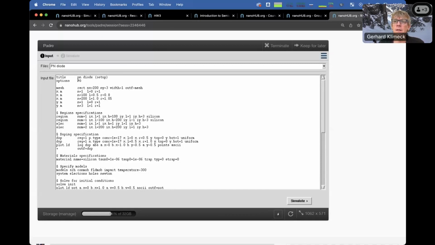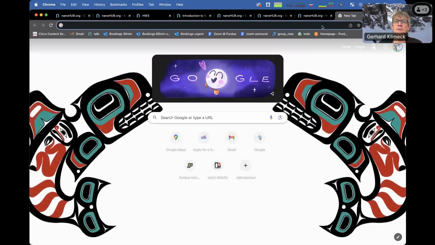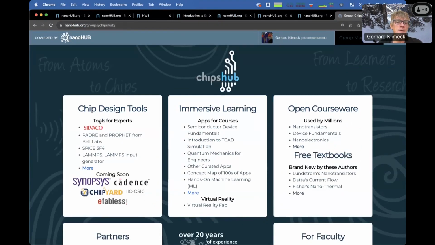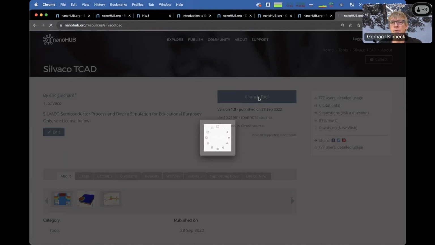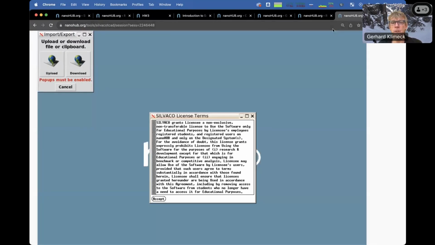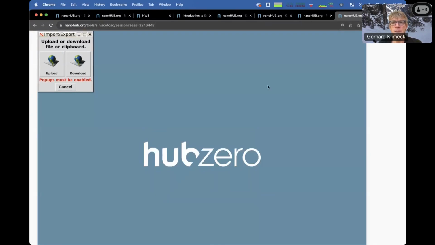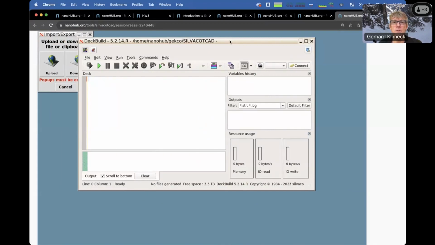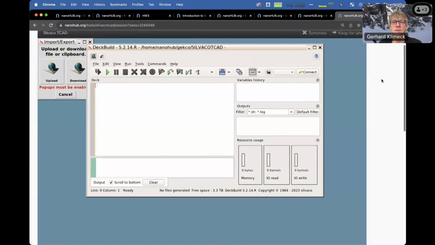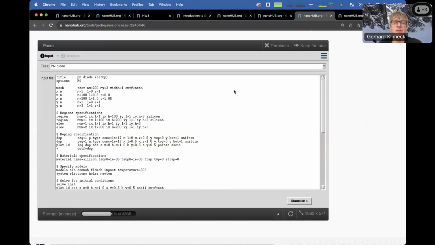If you are interested in more full-fledged solutions, you might also want to go to ChipsHub and click on Silvaco. There you can get a full-fledged drift diffusion simulator that is more graphics-based for inputs, but it's still a bear to use. I would call that more for intense usage or for research and education use where you really want to teach full-fledged TCAD tools.